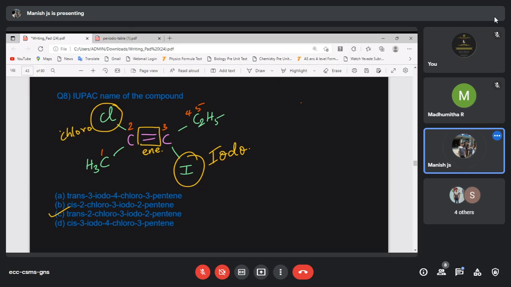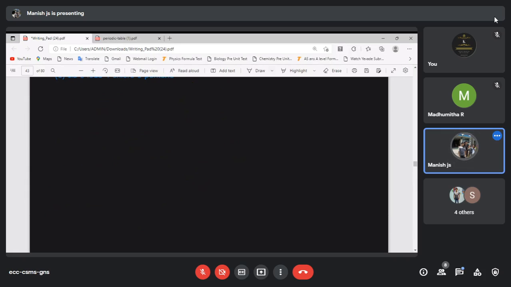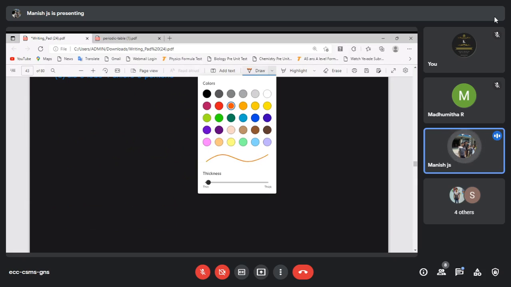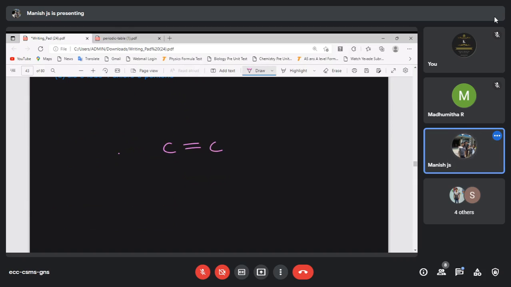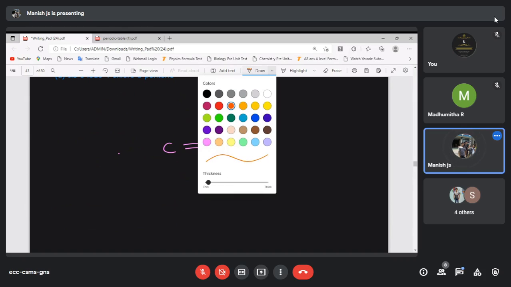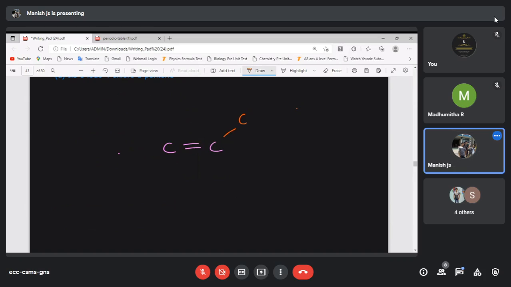So we'll move ahead. So for practicing I'll give you one more. You can just try out this whether it is trans or cis. கரெக்ட்டா கண்டுபிடிங்க. Yes, இதை நேம் பண்ணுங்க பார்க்கலாம்.